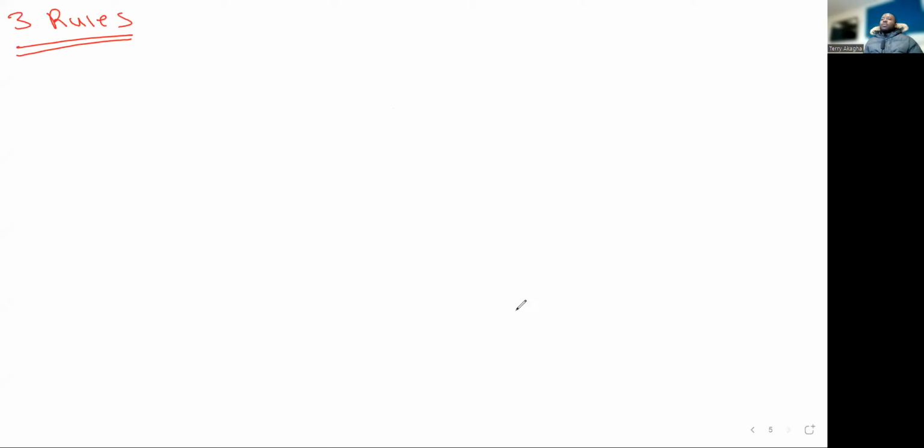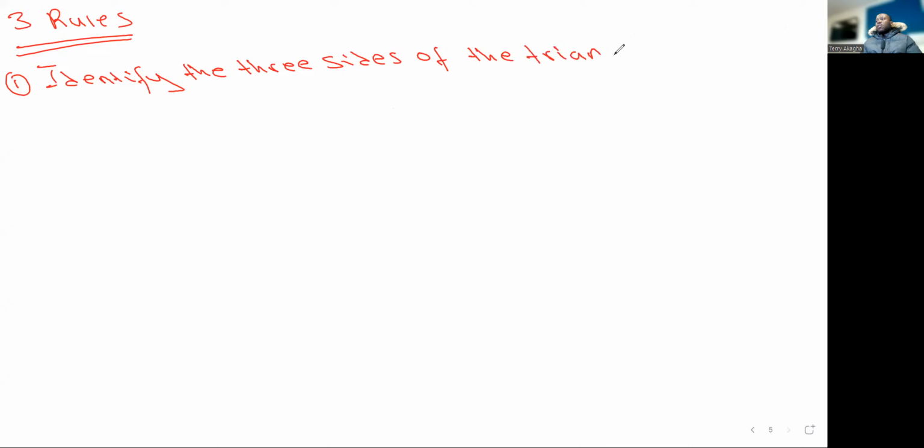So the three rules, okay, we're gonna start. The first thing you have to do is that you have to identify the three sides of the triangle using a suitable method.